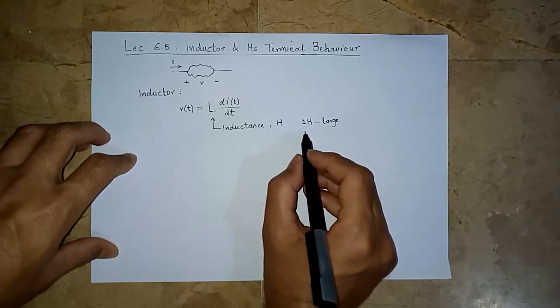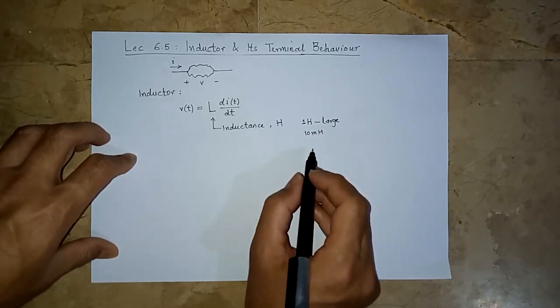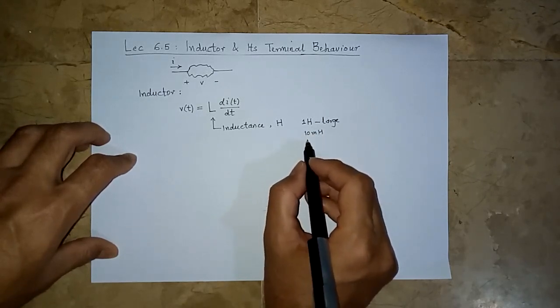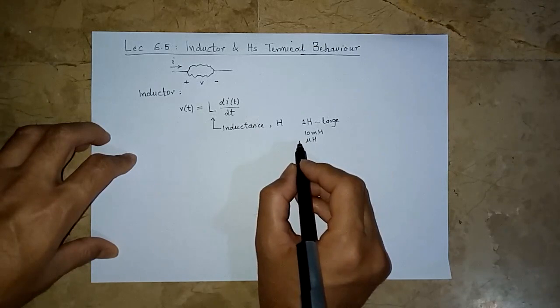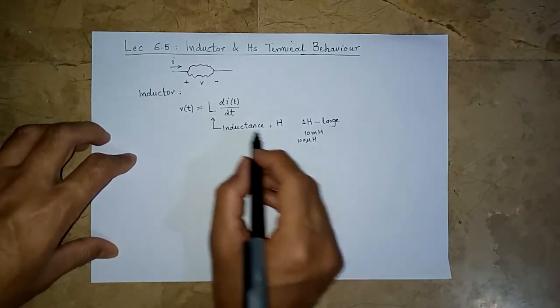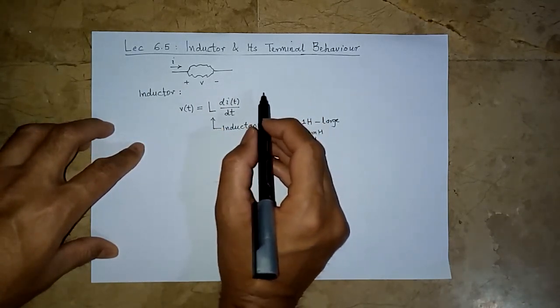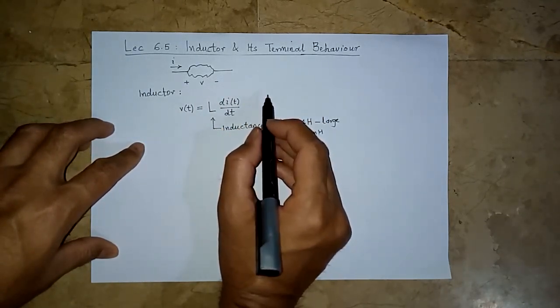So typically we encounter inductors of the order of millihenry, a few millihenries, like say a 10 millihenry inductor, or even in microhenries, a few hundred microhenries. Basically, the working principle or the construction I will discuss in another lecture.